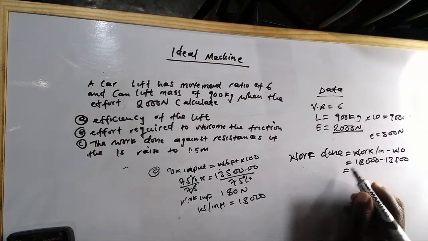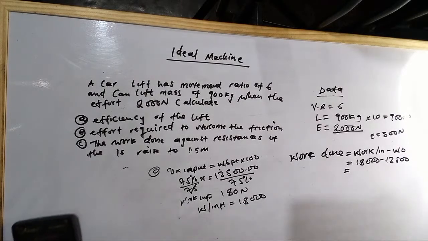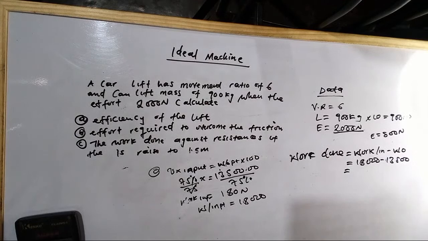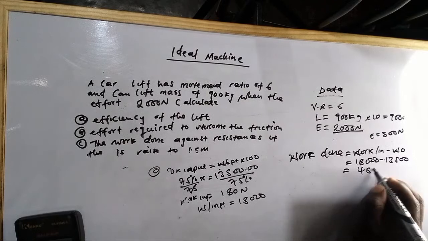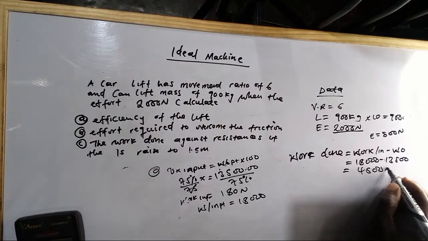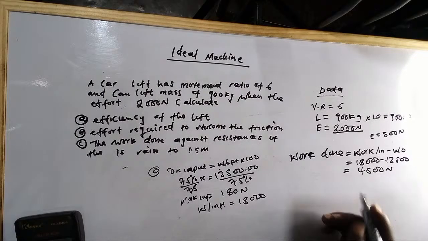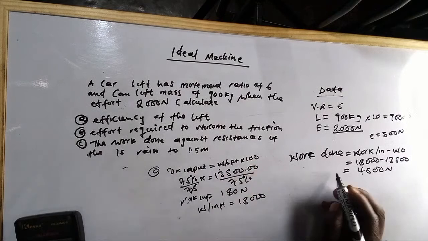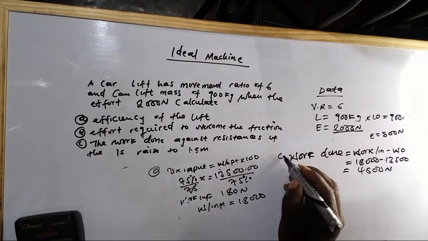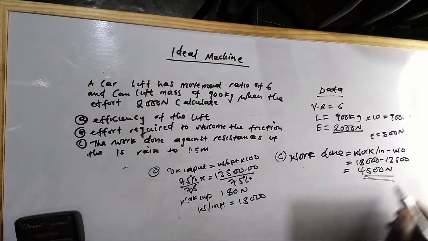You are going to have 4,500 Newton. This is the work done against resistance. This is the answer for C.